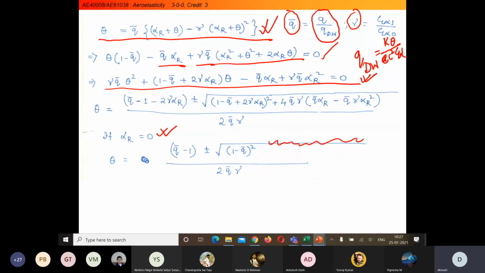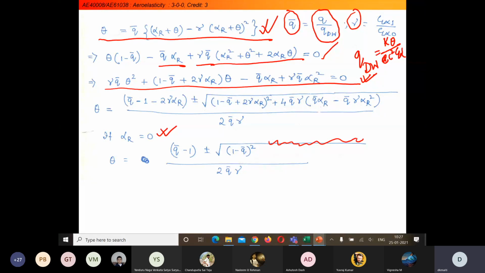This whole thing is divided by 2 q bar into gamma. So theta is coming as q bar minus 1 plus minus 1 minus q bar, divided by 2 q bar into gamma.